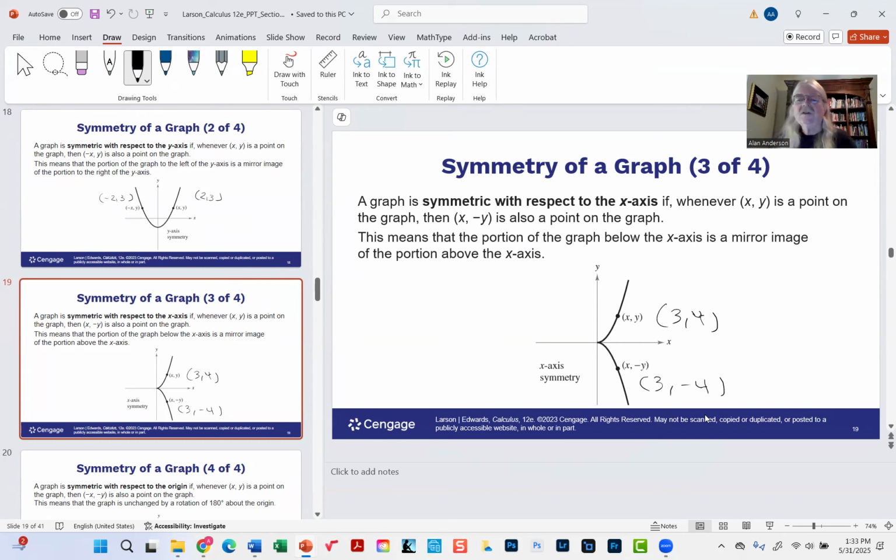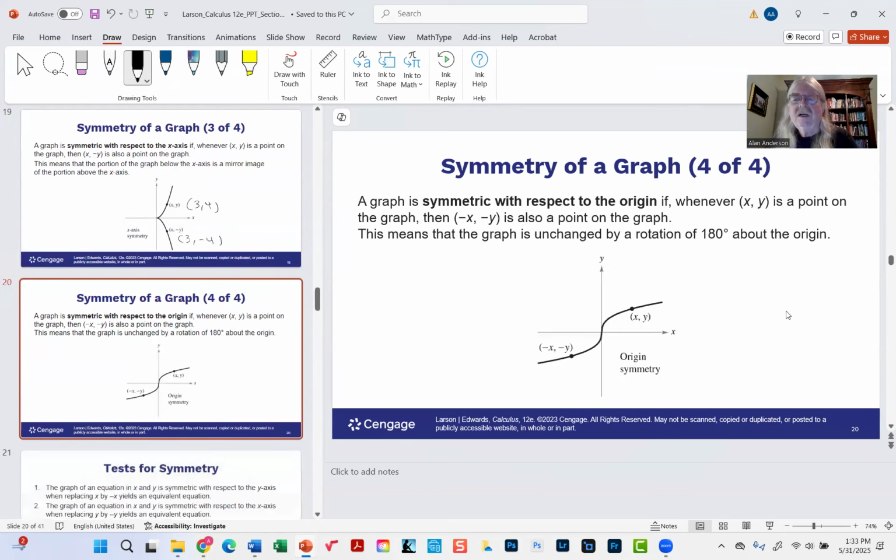And then as far as the origin goes, the way it works is that if we find the point x, y, let's say that's 3, 5, we're guaranteed to find the point negative 3, negative 5 in the opposite quadrant. Okay, so that's how you would know.